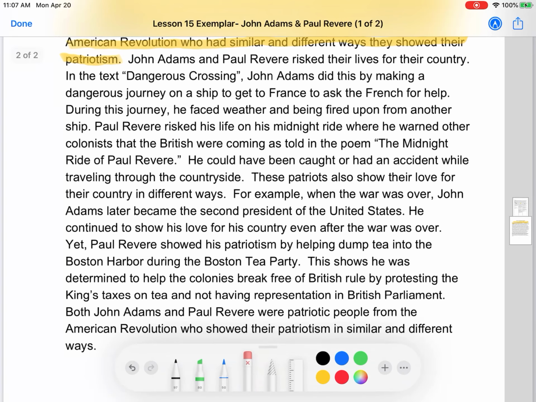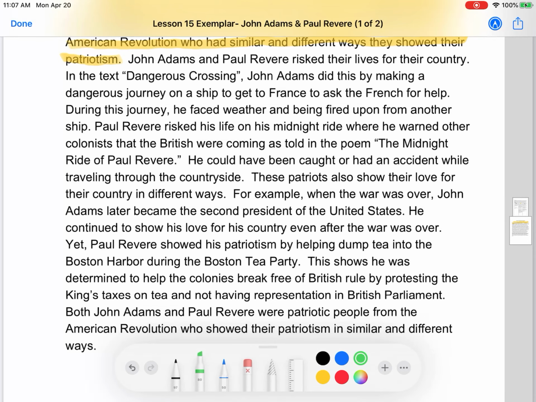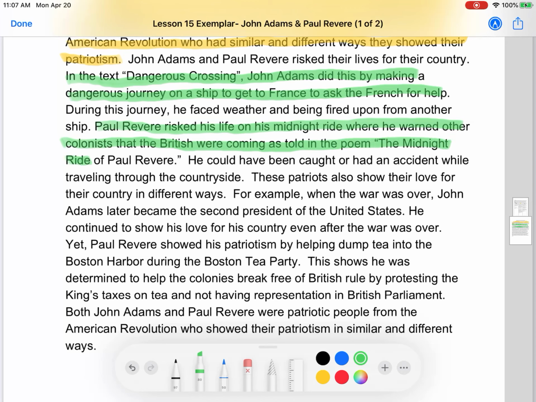In the text Dangerous Crossing, John Adams did this by making a dangerous journey to France to ask the French for help. Then I also have a detail about how Paul Revere risked his life, and I made sure that I told where I got the information. And that information came from the poem, The Midnight Ride of Paul Revere.